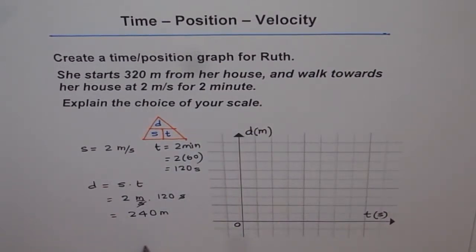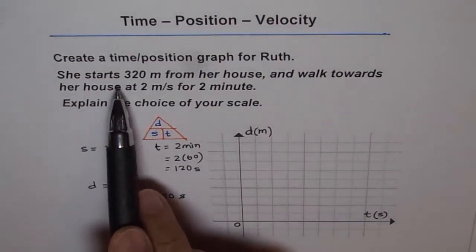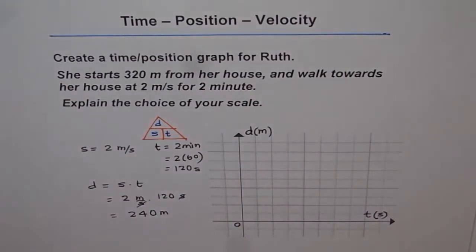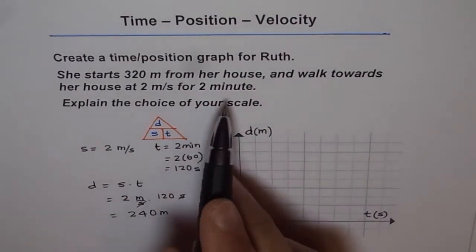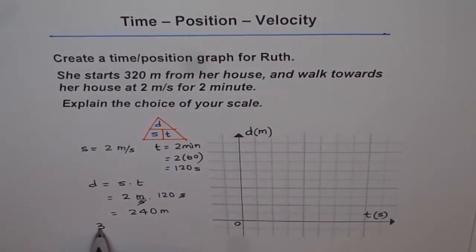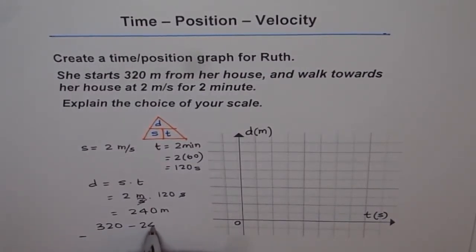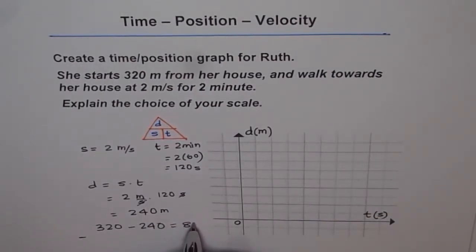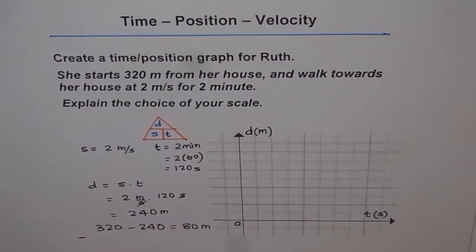Since she starts 320 from her house and walks towards it, the distance is going to decrease. So after 2 minutes, the distance is 320 minus 240, which gives us 80 meters.